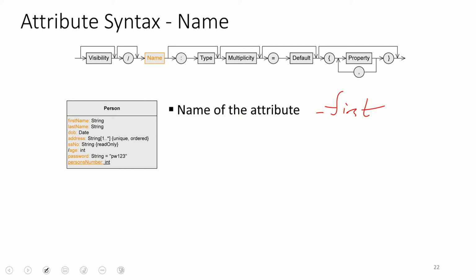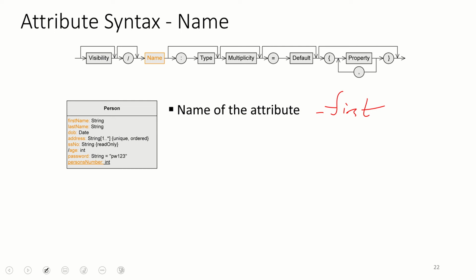Once we know that, how to give a good name is another story, right? We need to make sure the attributes are easy to understand, so people can easily identify them. This is for the first name. If you give names like name one, name two, it gives people another thought. Maybe this is for a nickname, real name, maiden name.